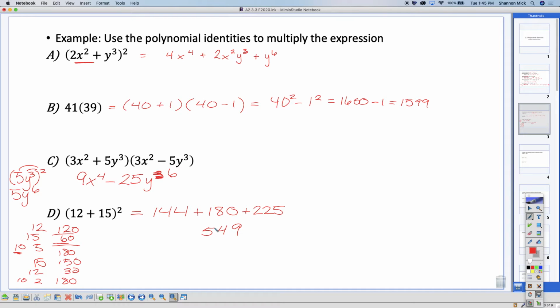Wait. Isn't 25 squared 625? I thought that's what it was. We added right, didn't we?